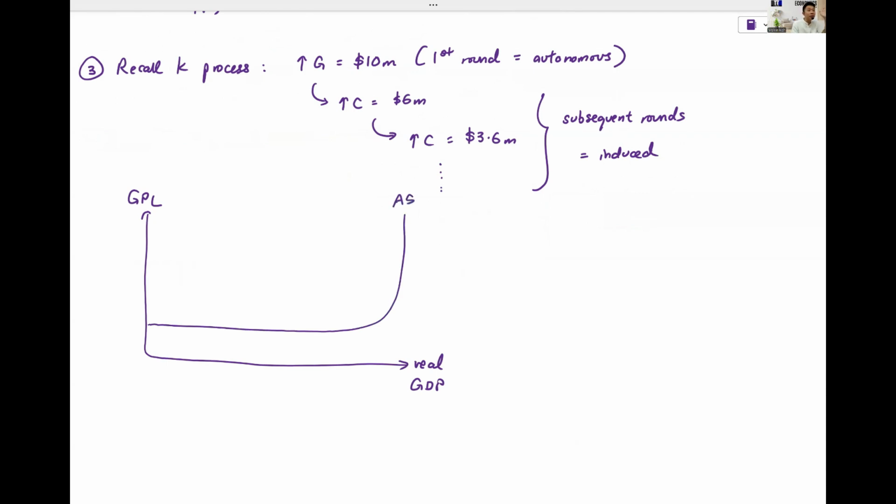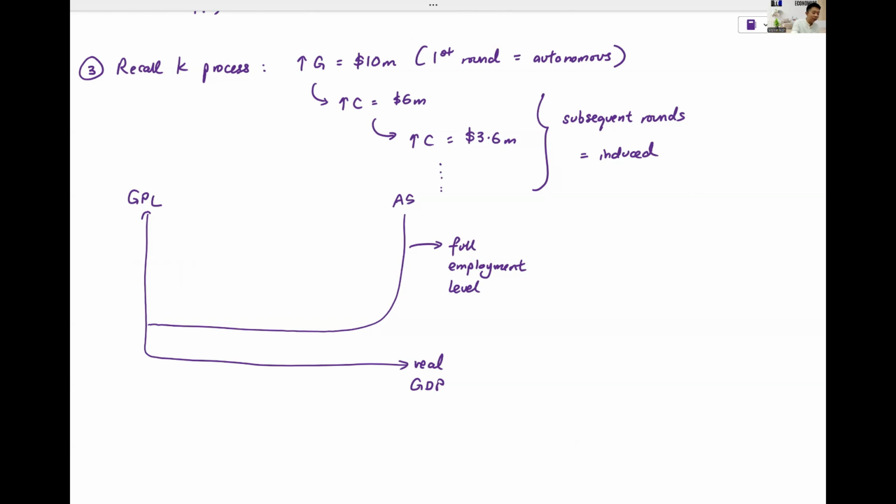Remember, the vertical section corresponds to your PPC. This is full employment. You can't produce beyond that. Still follow? Okay, very good.